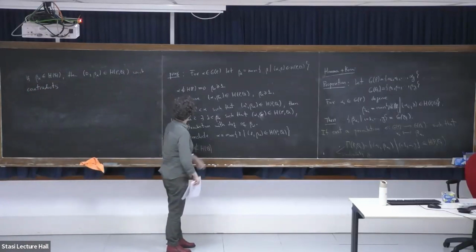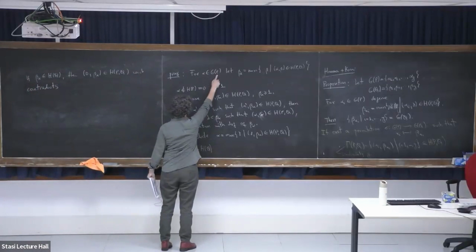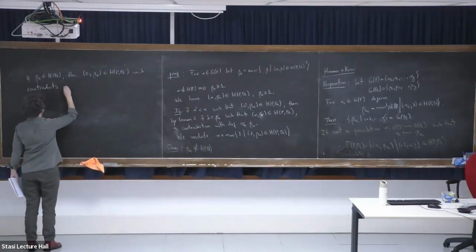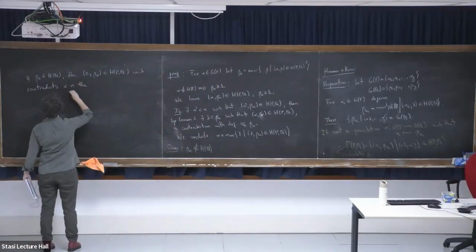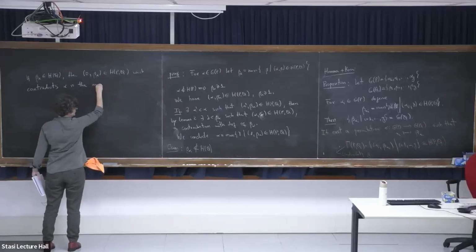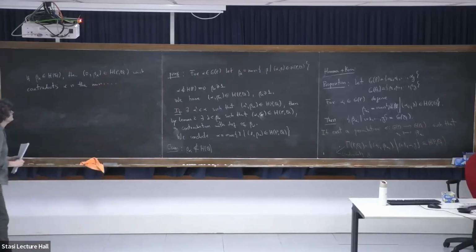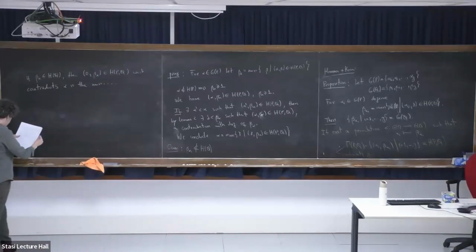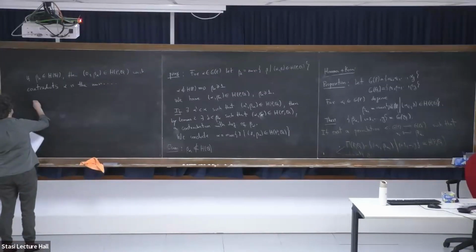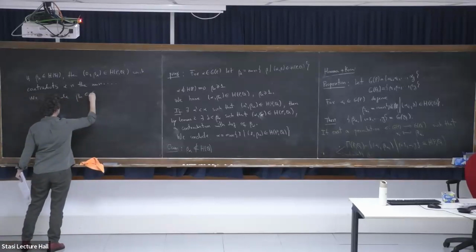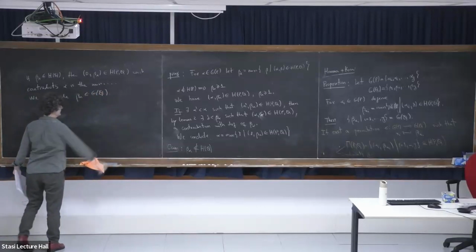Alpha was in the gap set. This contradicts that alpha is the minimum. Okay. So we conclude that beta alpha actually has to be a gap at the point Q.